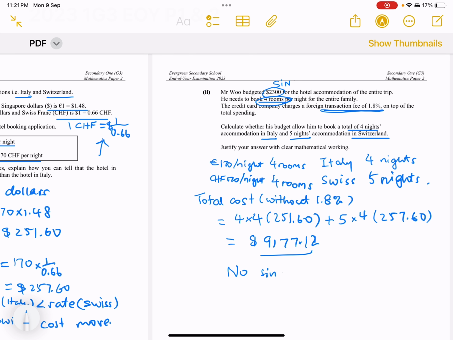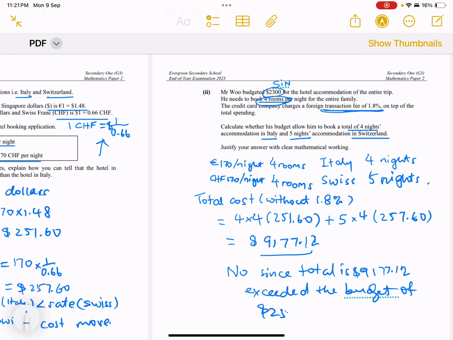Since the total is 9177.12, it has exceeded the budget of 2,300.